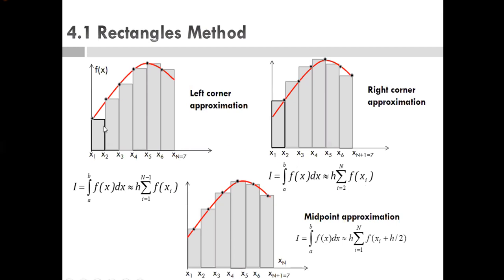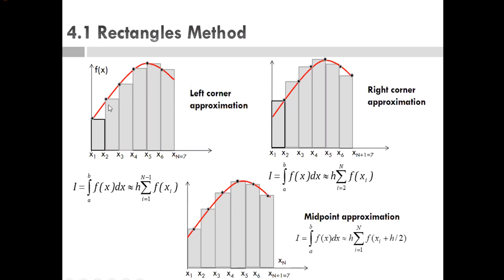Now, as you see here, when the function is increasing, the left corner approximation will give you a result that is inferior to the real result.